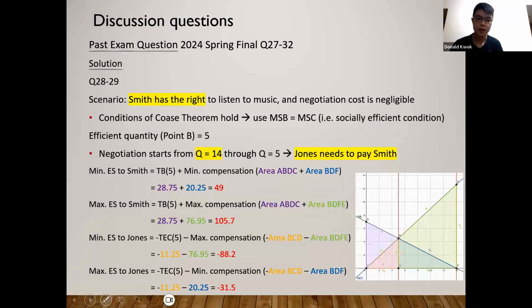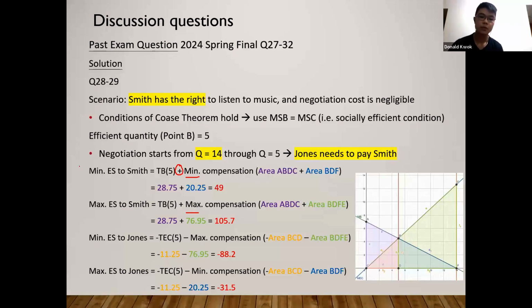It would be composed of two parts: the benefit from listening to the loud music and also the compensation. Since Smith is the one who received the compensation, this is why we put a plus sign to indicate it's a gain to Smith. And the smaller the compensation, the smaller the total economic surplus. So this is why the minimum compensation is used to find the minimum economic surplus and the maximum compensation to find the maximum economic surplus to Smith.